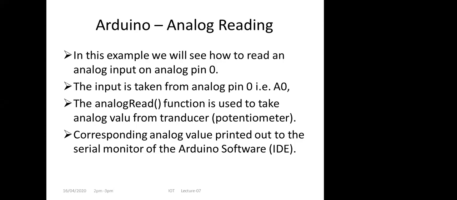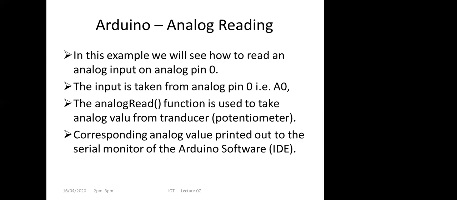Okay. So the first thing is that the analog values, which change by rotating the potentiometer knob, can be reflected somewhere so that we can see them. Until now we were seeing things just on the board, changing the program and seeing how it is reflected on the LED, but nowhere else.